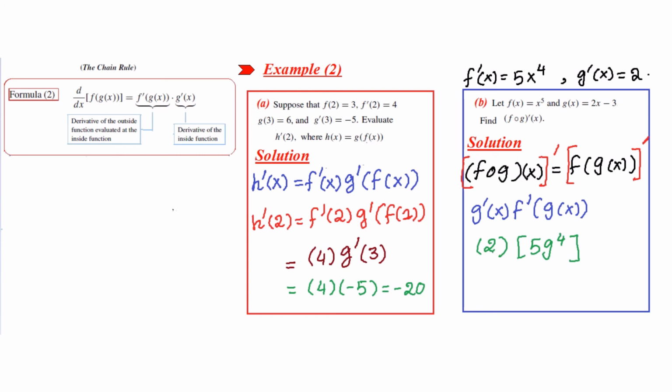Then by simplifying and multiplying these two numbers, you will get 10 multiplied by g to the power 4, and the function g equals 2x minus 3. So we have 10 multiplied by 2x minus 3 to the power 4, and this is the final answer.